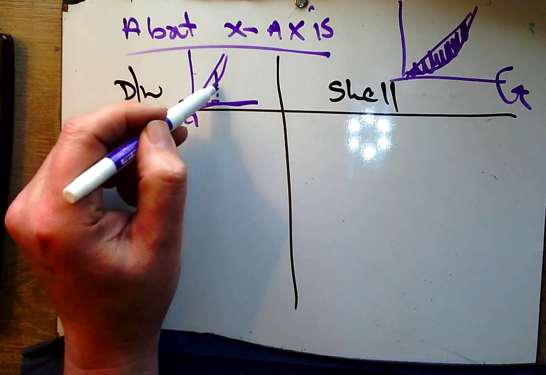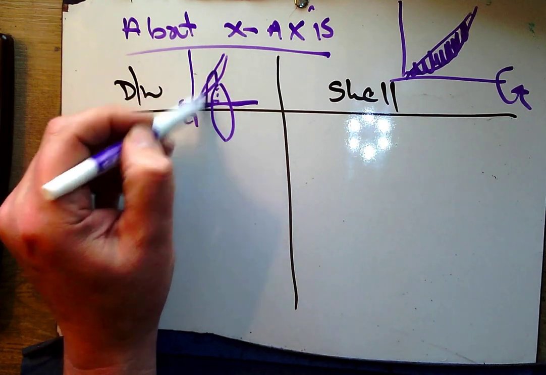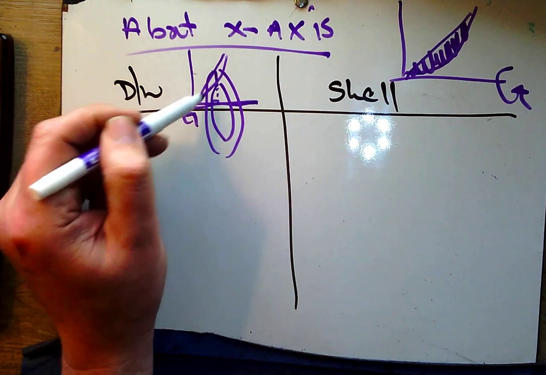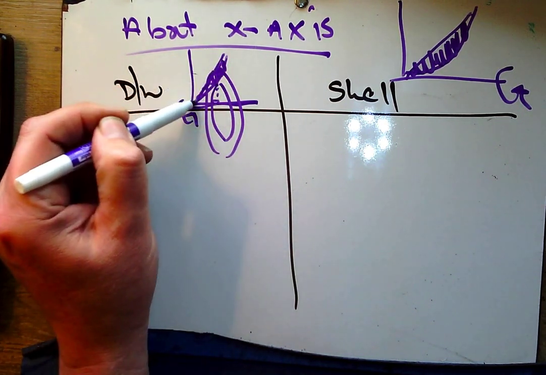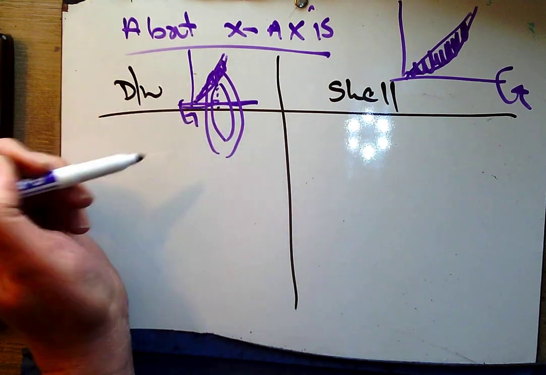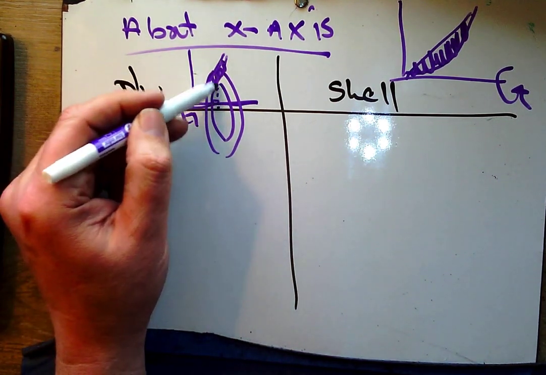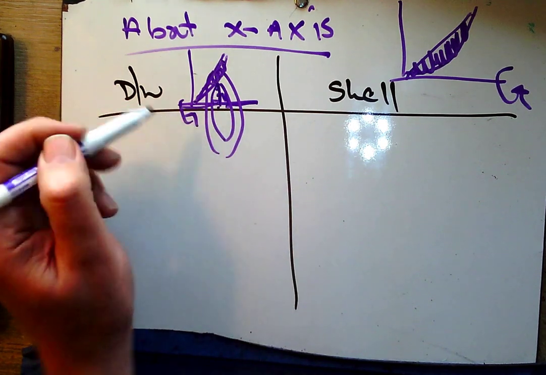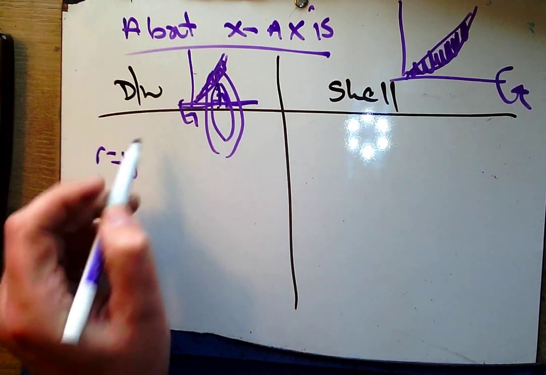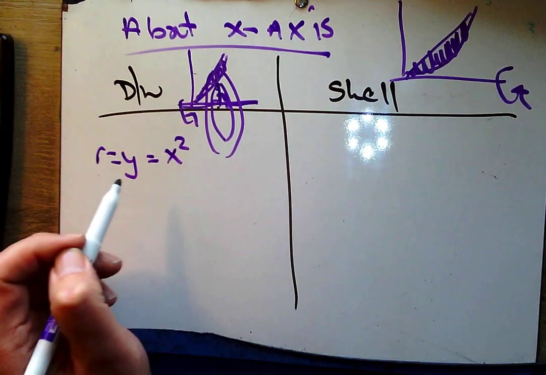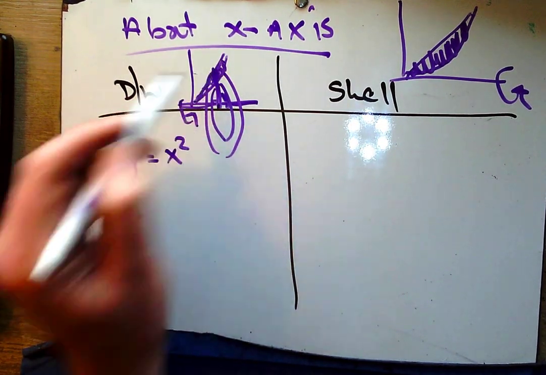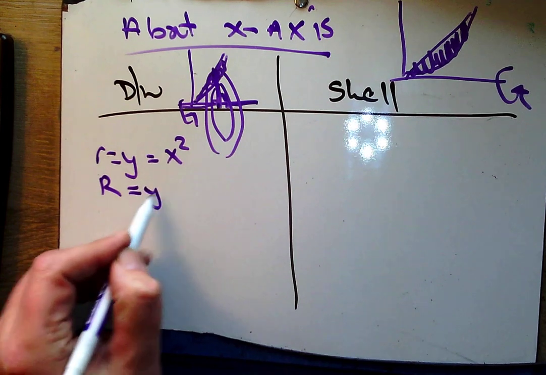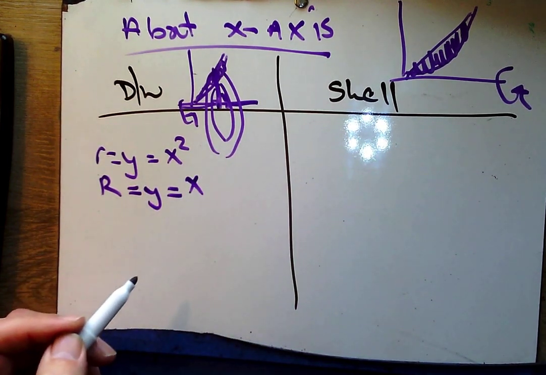Okay, and I notice I'm getting a washer because there's a gap between the region that I'm rotating and the axis of rotation. So my little r is this y value, the y value that goes with x squared. This big R is also a y value, but it's the y value that goes to y equals x.